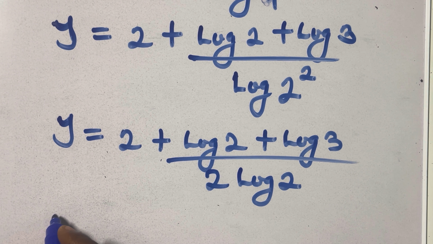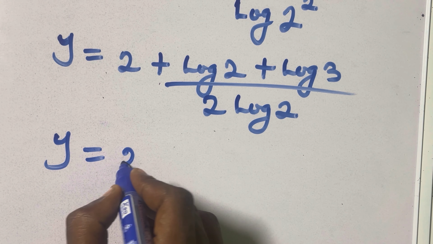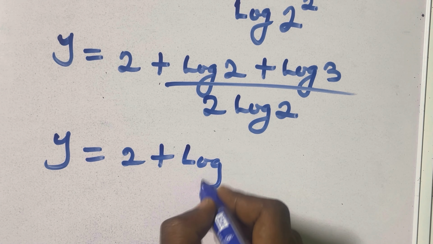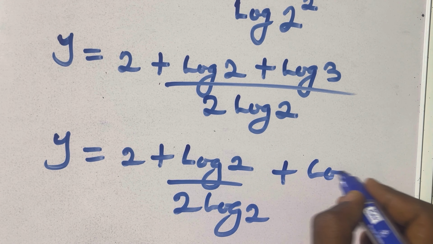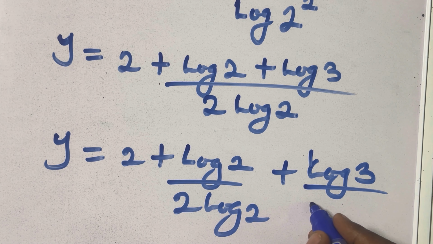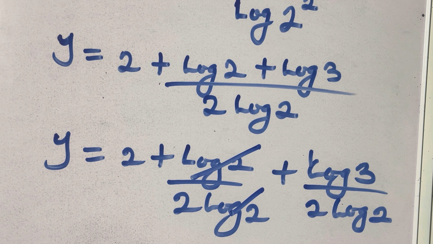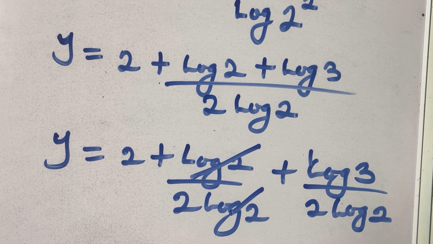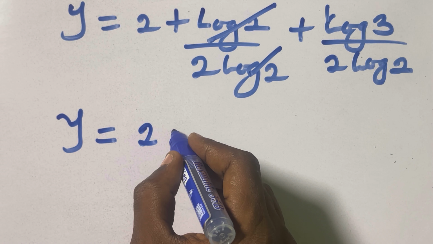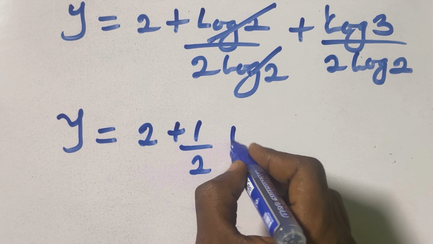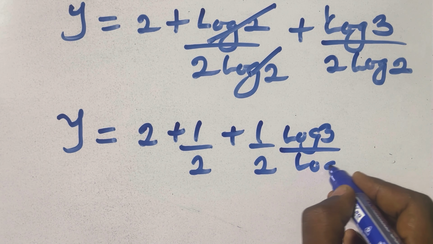Therefore we are going to have y equals 2 plus log 2 divided by 2 log 2 plus log 3 divided by 2 log 2. This will cancel out this. So then we are going to have y equals 2 plus 1 divided by 2 plus 1 divided by 2 log 3 divided by log 2.